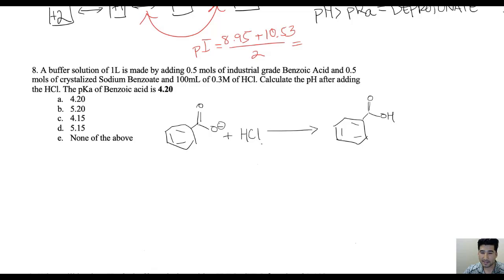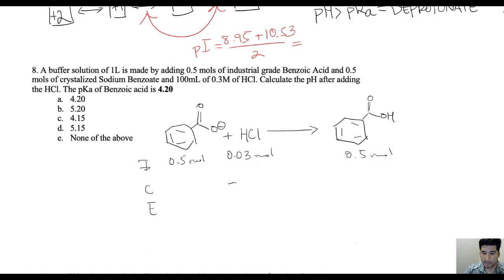Because this is a strong acid, it's going to fully protonate this benzoate. And so we have 0.5 moles of this. So that's the initial condition. Change, equilibrium. And we're going to introduce 0.03 moles of this. And then we have 0.5 moles of that. So because we have 0.03 moles of strong acid, that means it's going to protonate that many moles of the benzoate.